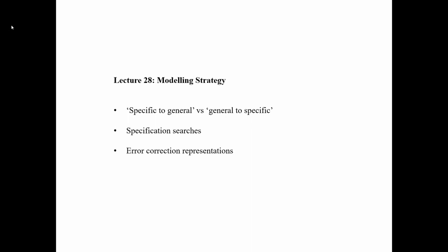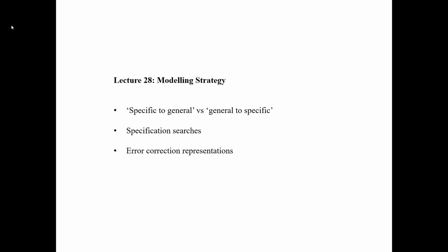Basically, the difference here is between starting with a model which is very restricted and then relaxing the restrictions, or starting with a model that's very unrestricted and testing restrictions as we approach a more parsimonious specification.